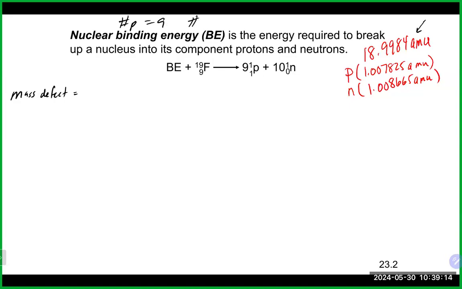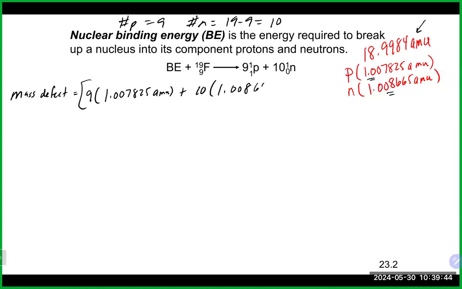We know the number of neutrons here is 19 minus 9, our mass number minus our atomic number, which is 10. So we could calculate the mass defect by taking 9 times the mass of a proton, which is this number right here, 1.007825 AMU, and adding it to 10 times the mass of a neutron, which is right there, 1.008665.